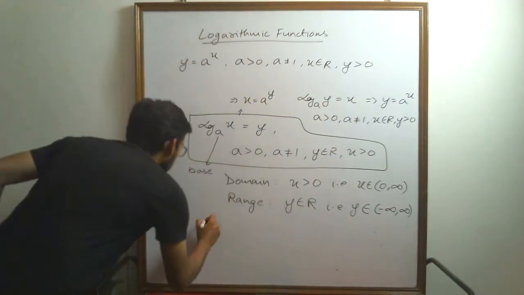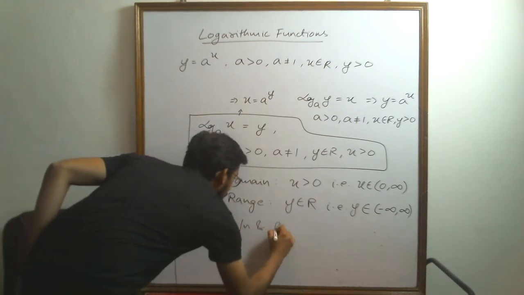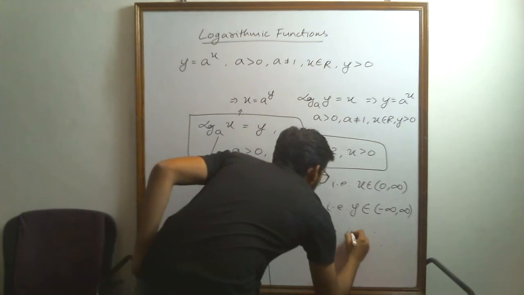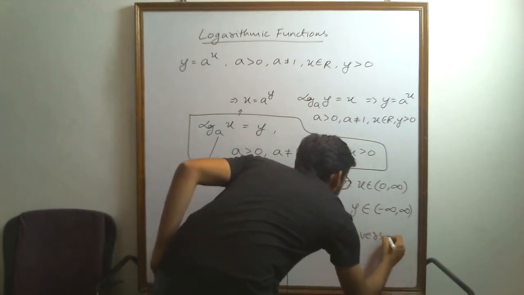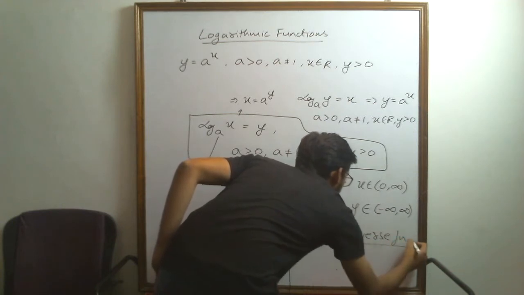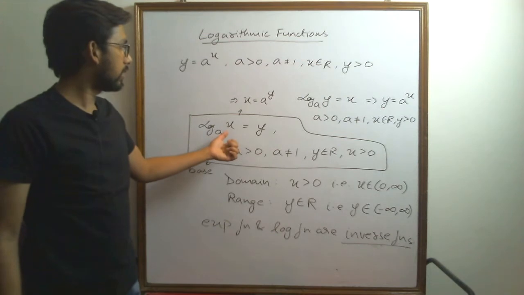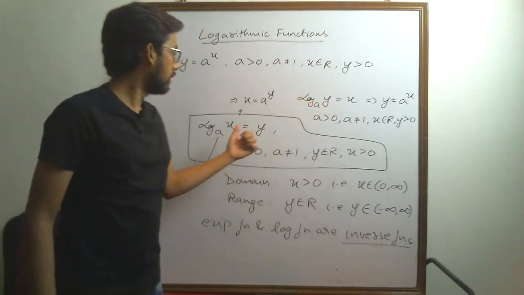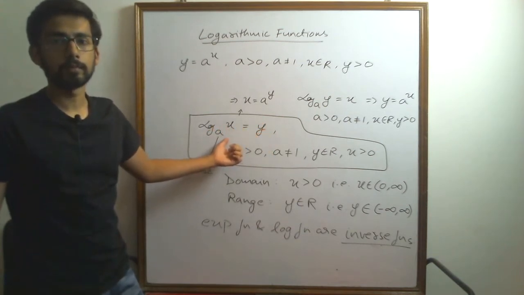Also, the exponential function and logarithmic function are inverse of each other. That is because we have basically written exponential function in another way and then interchanged x and y to get the logarithmic function.